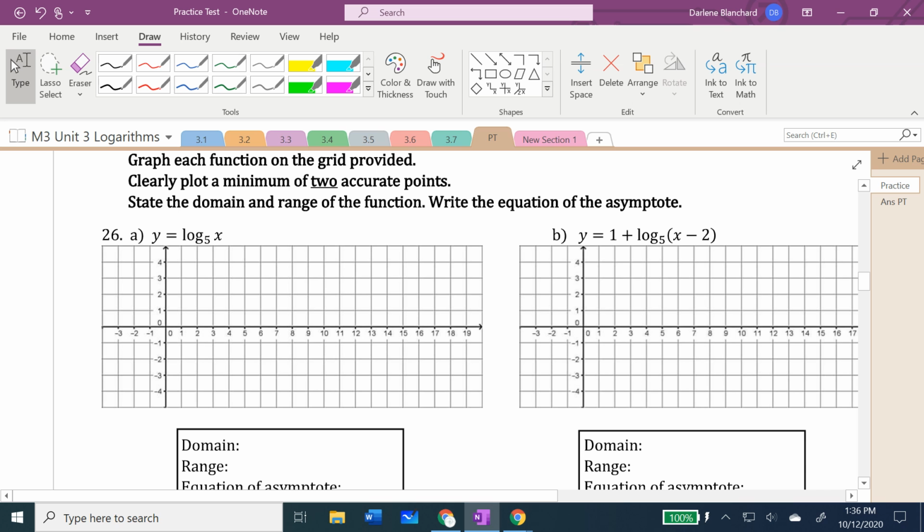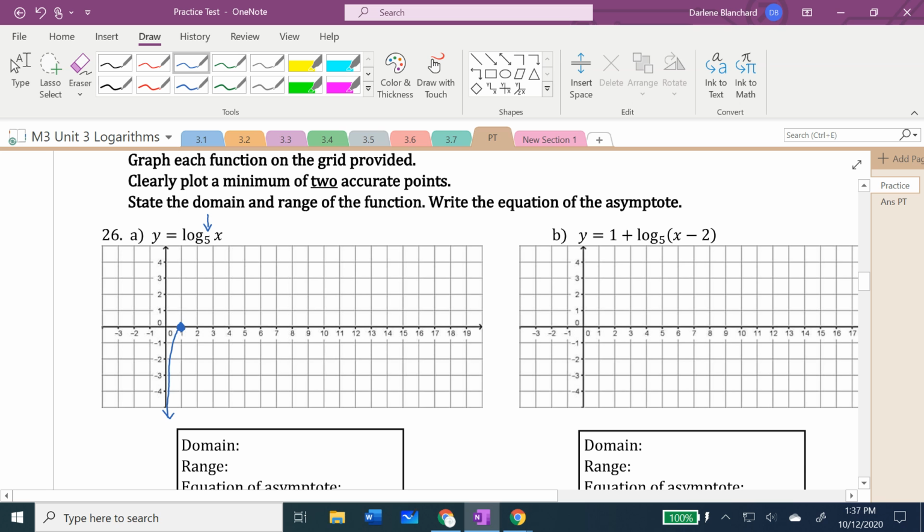All right. Every single log graph, no matter what the base, what is the one point they share in common? They share that x-intercept. Good. If the base is a number that is greater than 1, then it heads down the asymptote.